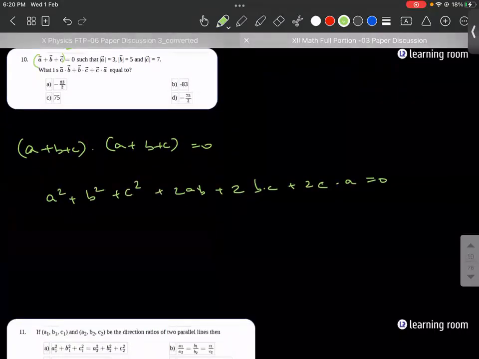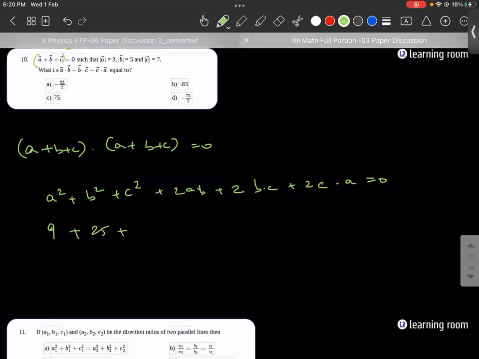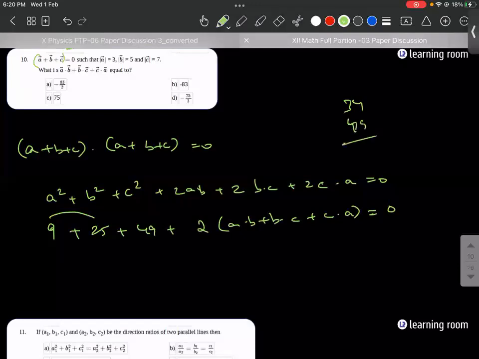So a square is 9, b square is 25, c square is 49, plus 2 into a dot b plus b dot c plus c dot a is equal to 0. So this is how much? 34. 34 plus 49 is how much? 83. So a dot b plus b dot c plus c dot a will be equal to minus 83 divided by 2.